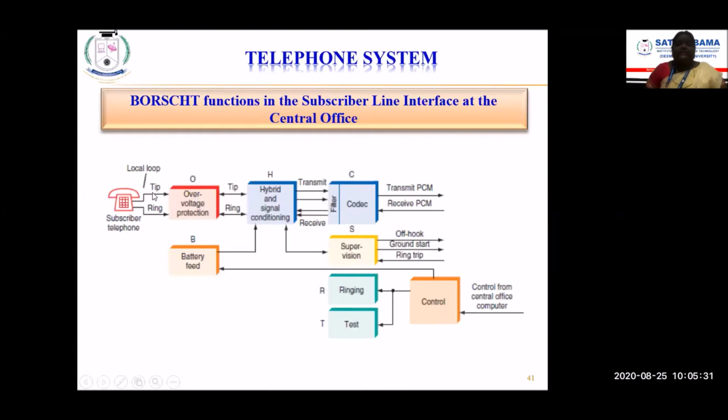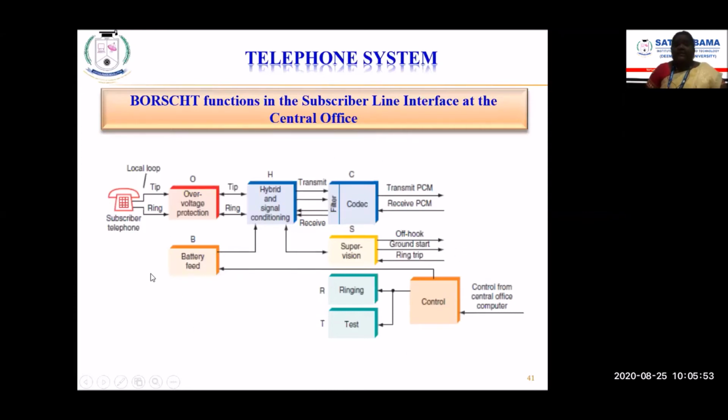The local loop is the tip and the ring: the ring is in green and the tip is in red, a twisted pair connection. This is the control from the central office computer, and this is the control unit, and the SLIC provides all these functionalities.